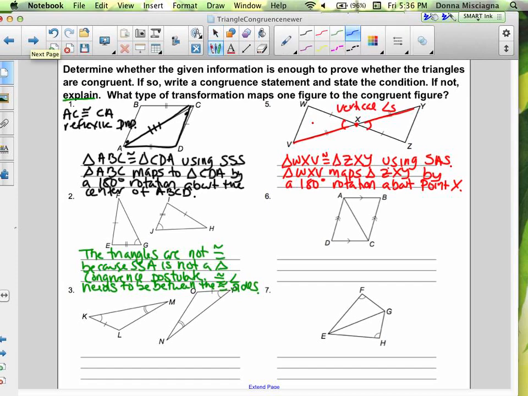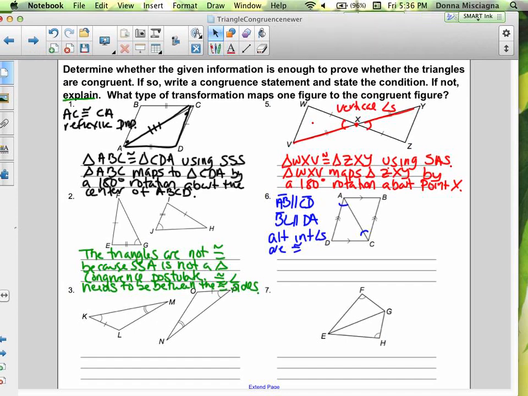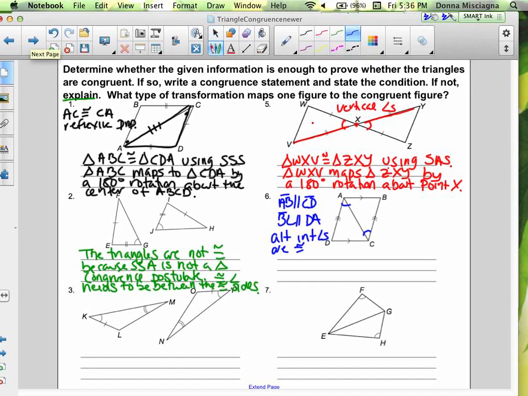Let's go over here. All right, so notice here that AB is parallel to CD and BC is parallel to DA. When we have parallel lines, remember our alternate interior angles are congruent. So this angle is congruent to this angle, and that's because, oops, there we go, they're attached together, and that's because AD and BC are congruent.